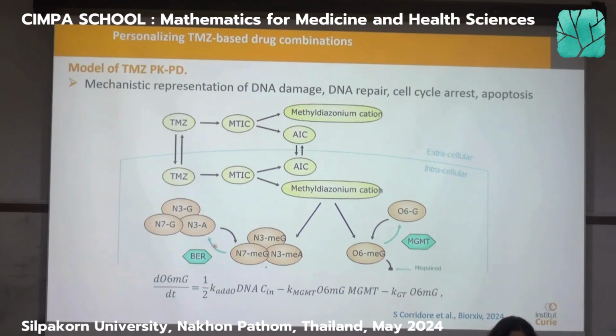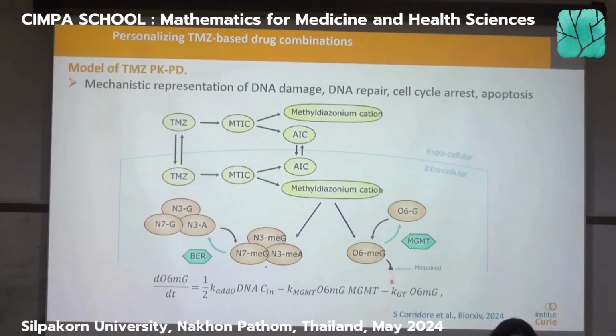We know that this arrow is actually very fast, but the BER, which is a type of repair, R is for repair, is super active. We know that it's super efficient, meaning that in a normal situation, we shouldn't actually see something from here.